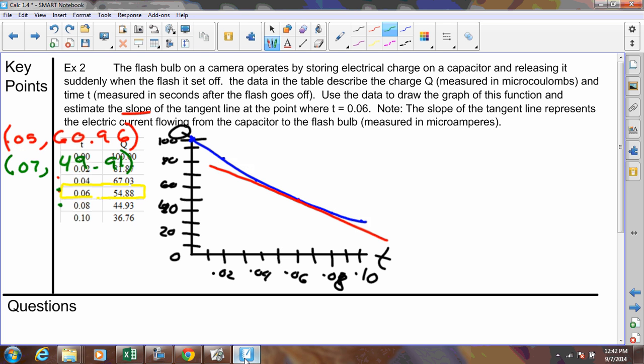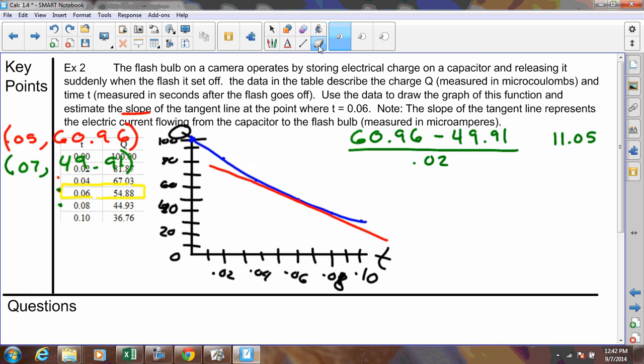We could use some linear interpolation to get an idea and get 2 points, which we could then use to say 60.96 subtract 49.91, which would give us 11.05 over 0.02.